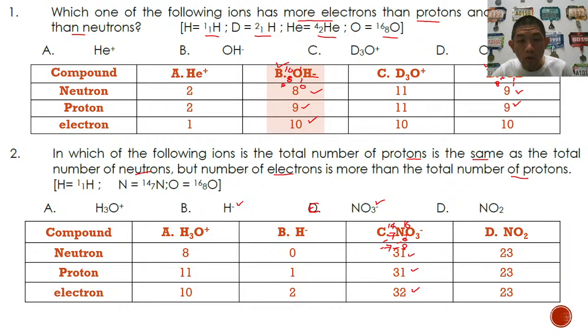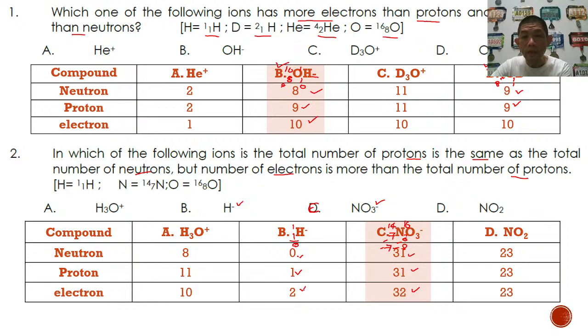Whereas for hydrogen, the proton number is 1 and the nucleon number is 1, so you have 0 neutrons, 1 proton, and 2 electrons. Therefore the best answer for this question will be C. So this is how you answer question number 2.